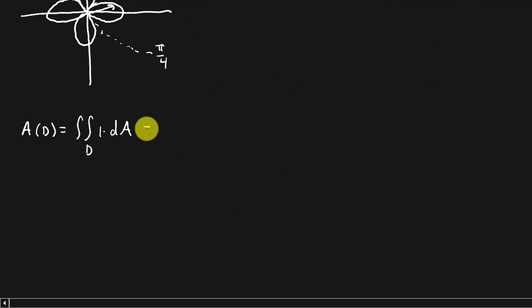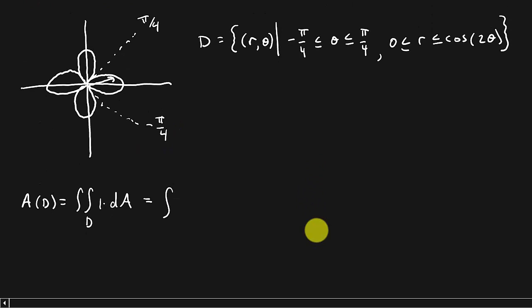So this is equal to the double integral. Theta is on the outside here, so that's negative pi over 4 to pi over 4. And then our r is going from 0 to cosine 2 theta.